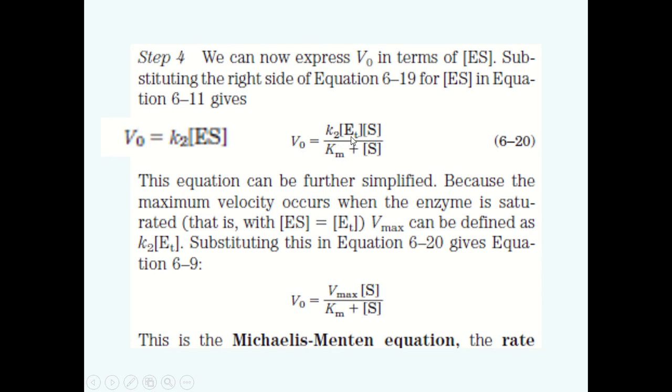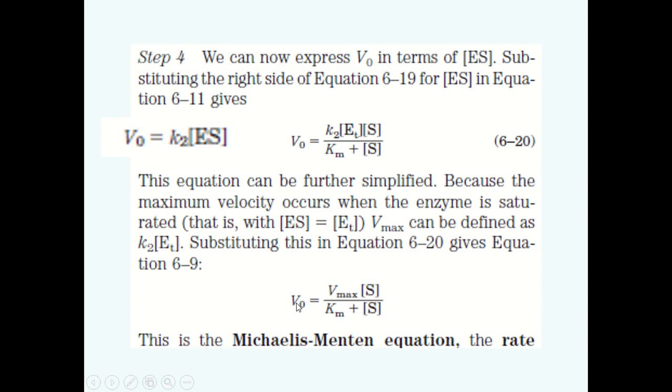When the entire population of enzyme is present in the form of enzyme substrate complex, the rate of reaction is the maximum rate of reaction. So this expression, K2, the rate of the forward reaction, times ET, since the entire enzyme will be in the form of enzyme substrate complex, is given by the maximum rate of reaction for this enzyme catalyzed reaction.